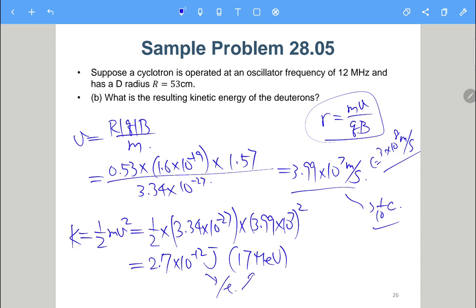Dividing this number by e, you get the energy in eV. So this is of course smaller than 50 MeV as mentioned before.